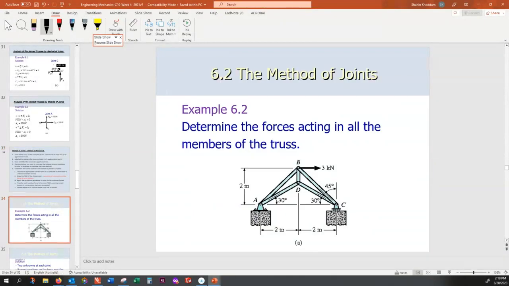And in this problem, you want to find the forces. And how do we do that? If I want to find the reactions, what I do is I release the entire structure. The entire structure would give me two unknowns here, one unknown here. So 1, 2, 3.